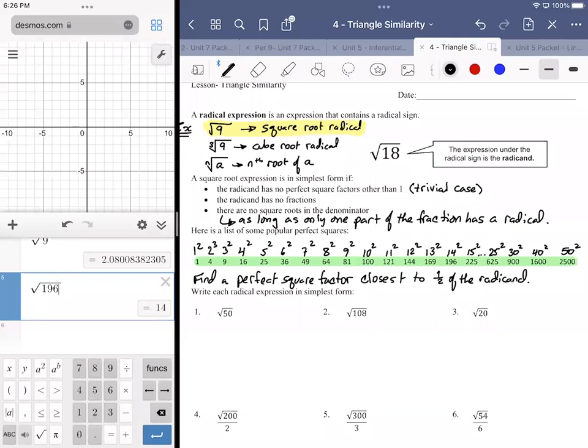All right. So I look at, for example, in number 1, the 50. I'm looking for a perfect square factor. Now, I know the term factor tends to strike fear into the heart of everybody. Well, not everybody. Some people are really good at that.